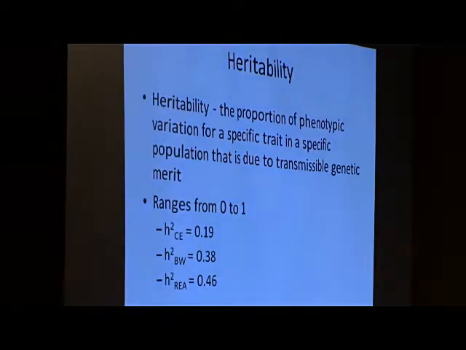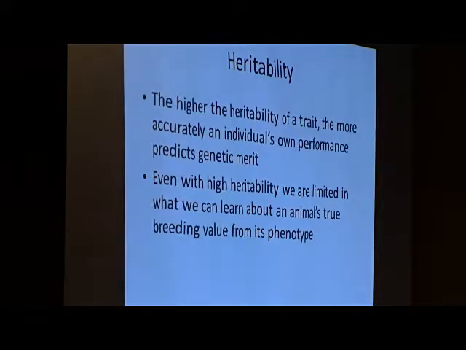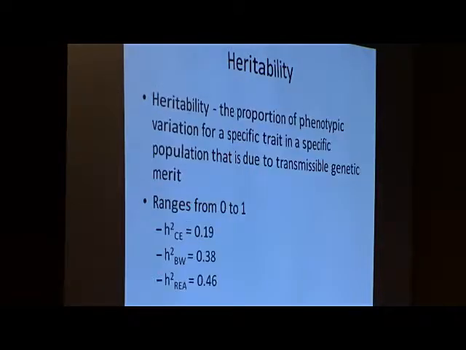These are Simmental heritabilities that I pulled out for calving, birth weight, and ribeye area. You see that they range from 0 to 1 by definition. Calving, at 0.19, is fairly low. Ribeye at 0.46, actually that's pretty high.